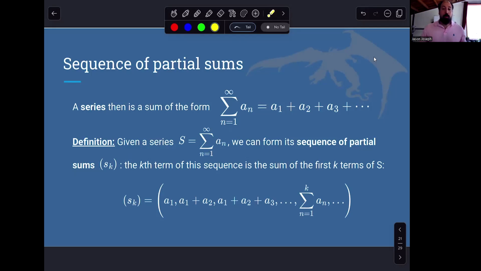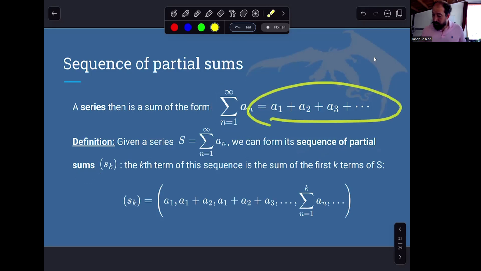So what we do is, associated to any infinite series like this, we can form its sequence of partial sums. What that is, is a sequence we build out of this infinite sum, where the first term is just the first term that we're adding up.